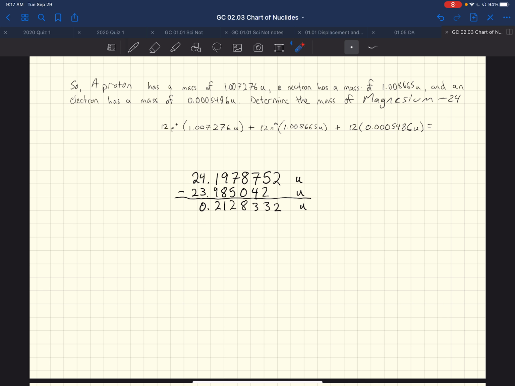But because we're talking about things that are really small, this mass gets converted to energy using the equation E equals mc squared. That mass gets converted to an energy, and we call that energy binding energy.